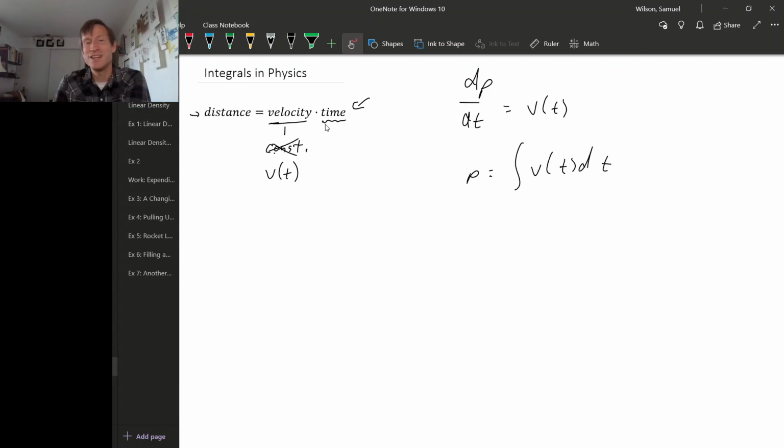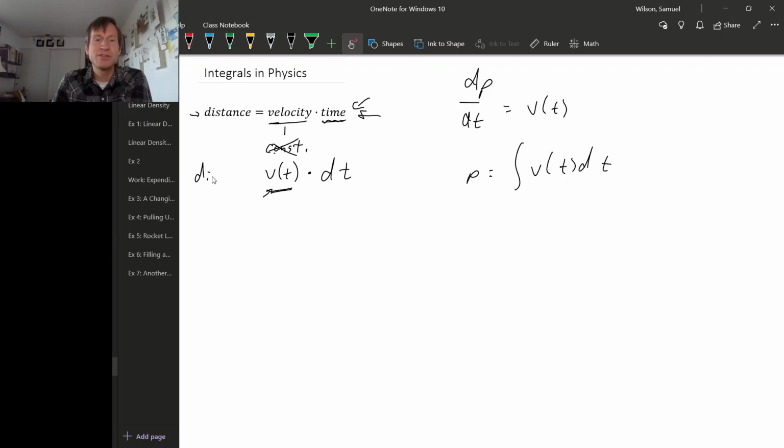Because if the interval of time is so small that the velocity is essentially constant, then we can use this equation again. So we need to pick an interval of time that's really, really tiny. Well, for any finite length of time, the velocity might change. So we need to choose an infinitely small length of time, and that's dt. dt is our name for an infinitely small amount of time.